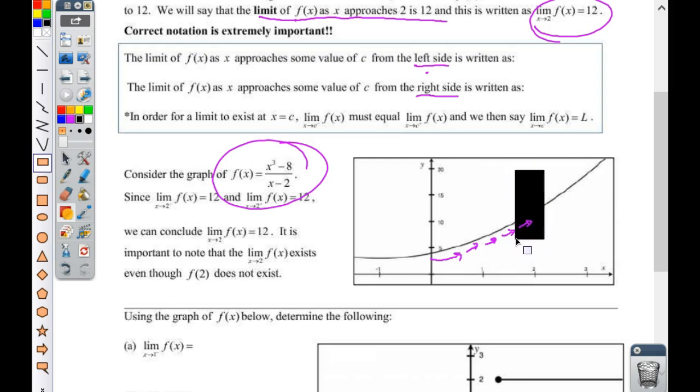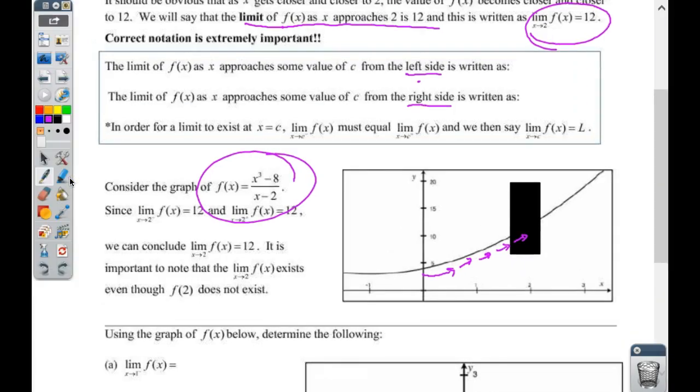It's like there's this black box over the 2. As I approach 2 from the left, I'm saying, you know what? I don't even care about what's happening over here. If I follow the line this way till x equals 2, does it look like I approach the 12?